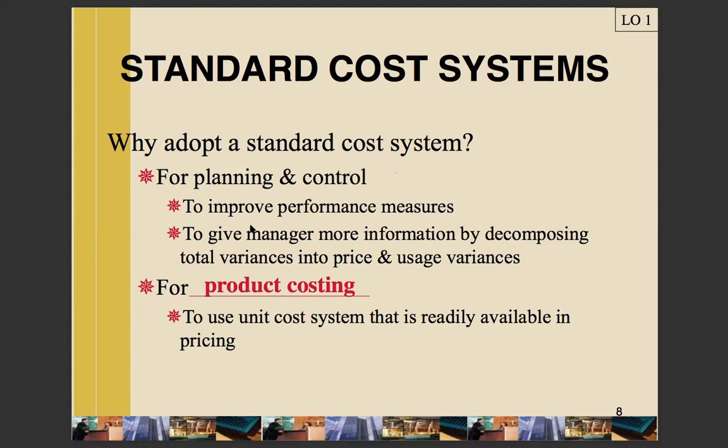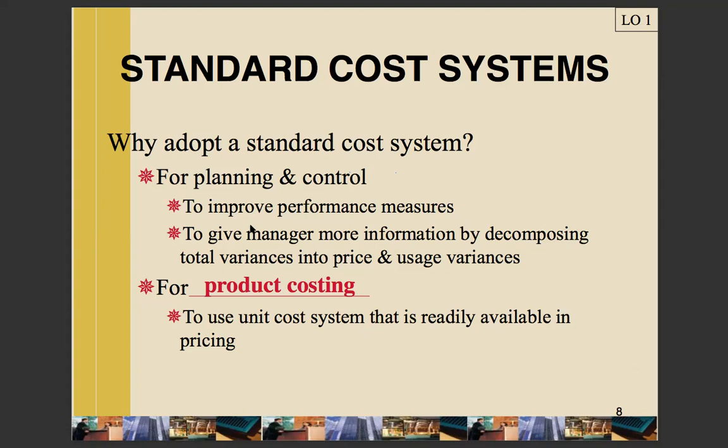The variance is the difference between the actual and the planned cost for the actual level of activity, right? So by developing unit price and quantity standards, the overall variance can be divided into price variance and efficiency variance, okay?